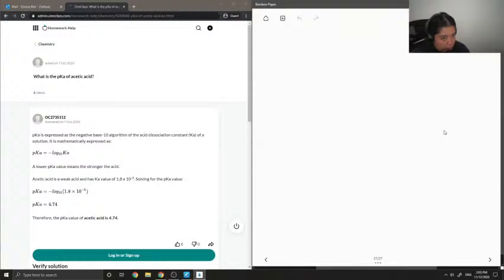Okay, so question 12 asks, what is the pKa of acetic acid? Okay, so to answer this question, first we need to find out what our Ka value for acetic acid is. So these are values that are usually given to you in a table. Let me Google.